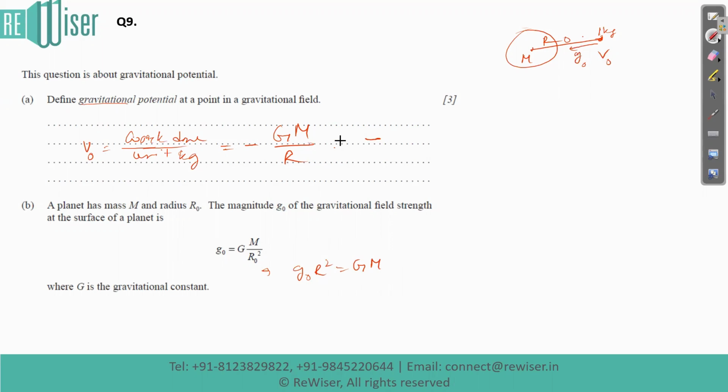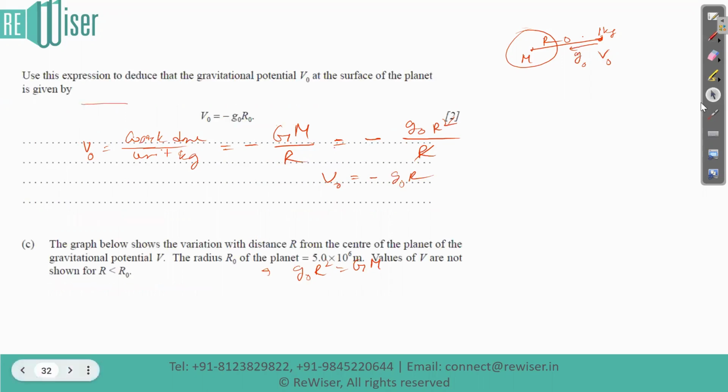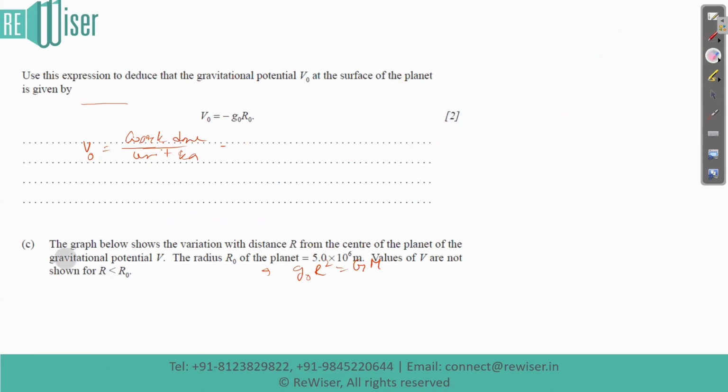So minus g0 R squared by R. So this R squared and this R will get cancelled. So finally we are left with V0 equal to minus g0 R. So this is how we are able to show that V0 is equal to minus g0 R. Not g0 R0, sorry.